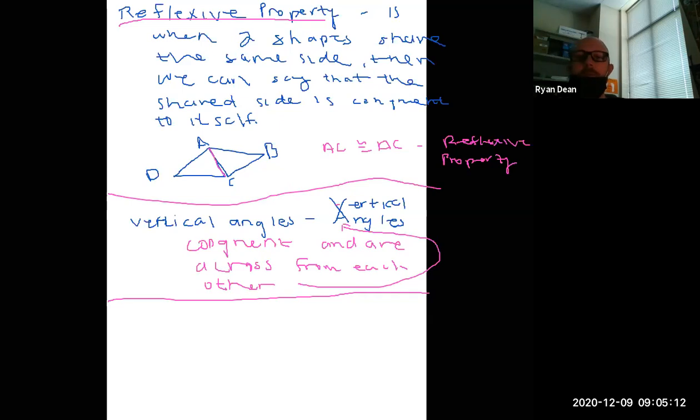We have alternate interior and alternate exterior. So I'm going to draw another picture, and this one's going to be for alternate interior.